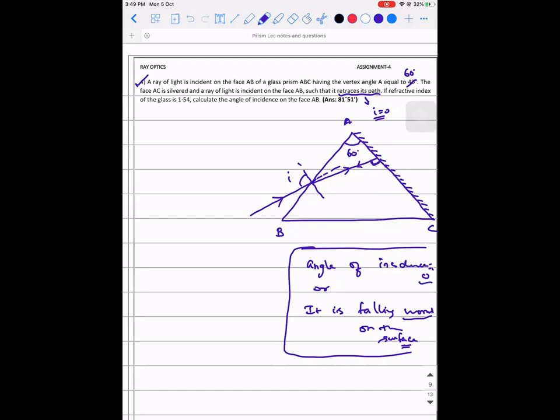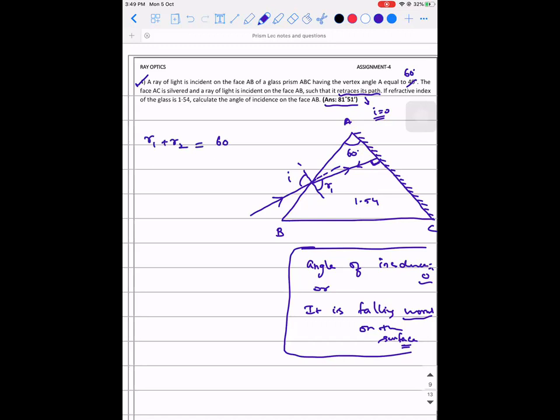Now tell me how to solve this problem. So the refractive index is 1.54. See, in this problem, we cannot find the exact answer because we have changed 40 degrees to 60. But tell me the idea, how to proceed. If I take this angle as R1, R1 plus R2 is equal to 60 degrees.